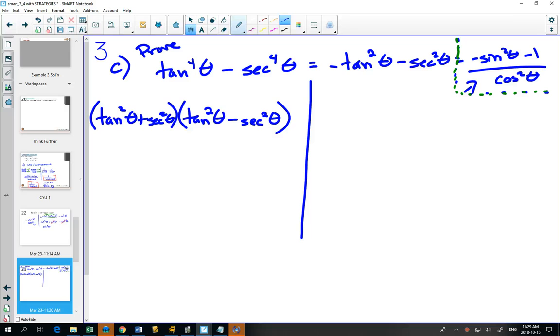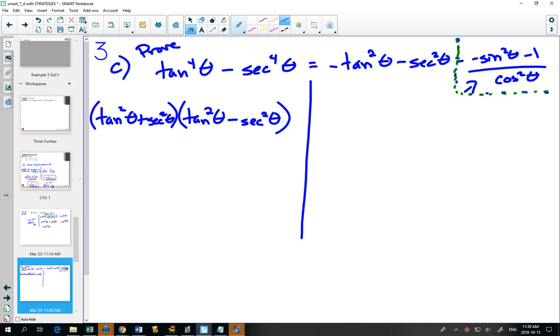So, we've got a whole bunch of tan squareds and secant squareds. Could I rearrange my tan squared plus 1 equals secant squared formula? Could I rearrange it to get tan squared plus secant squared, or could I rearrange it to get tan squared minus secant squared? Which one? Or both of them?